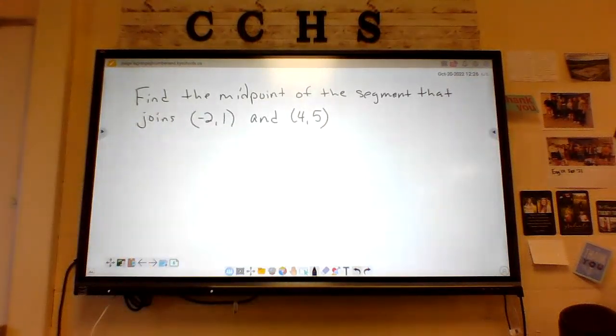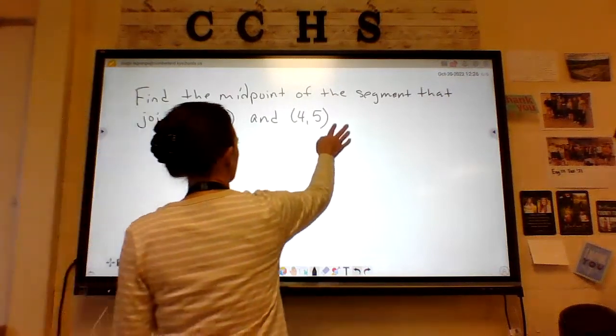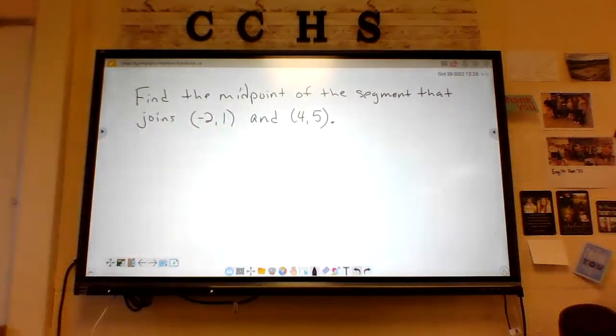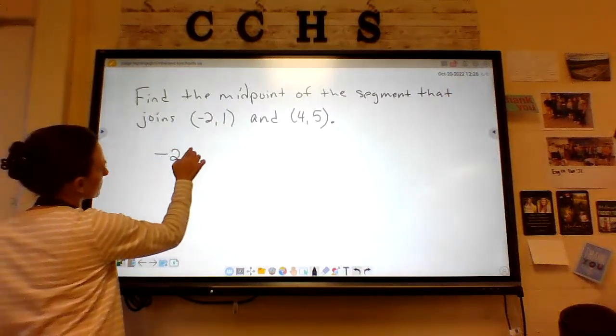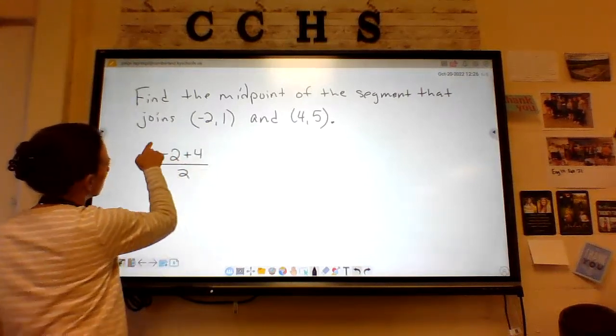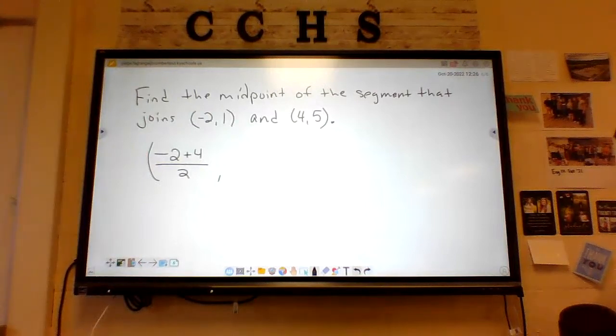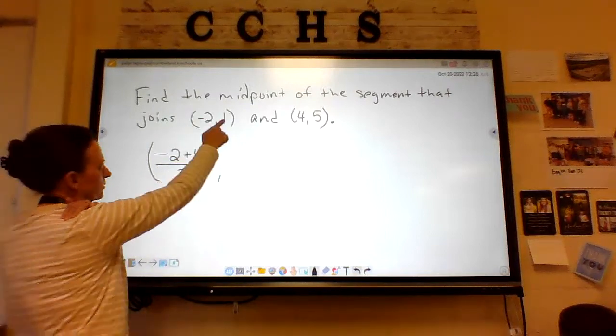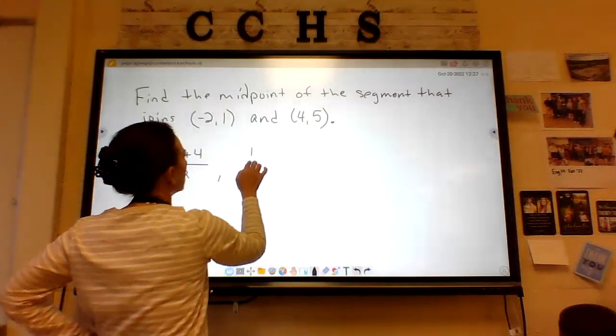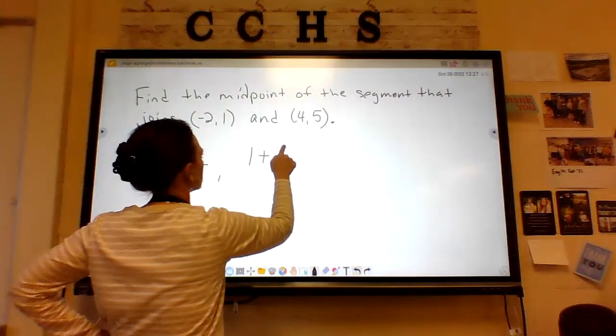So find the midpoint of the line segment that joins those two points. So what will we do? Okay, so (-2 plus 4)/2, and since we use this x as our first x, we'll use this as our first y. But we're adding, so it's not such a big deal.